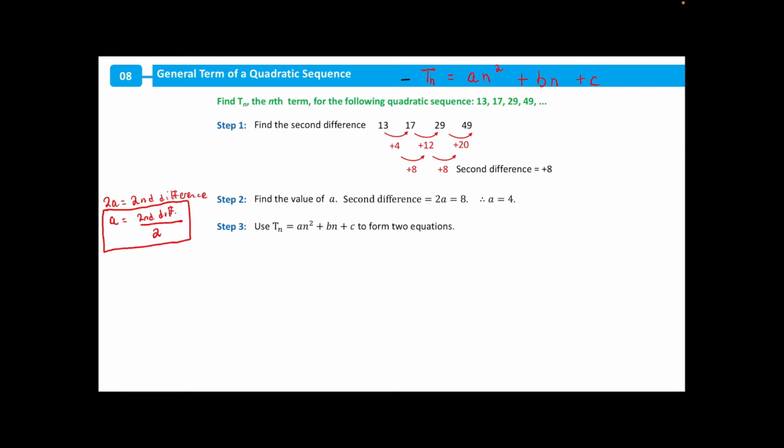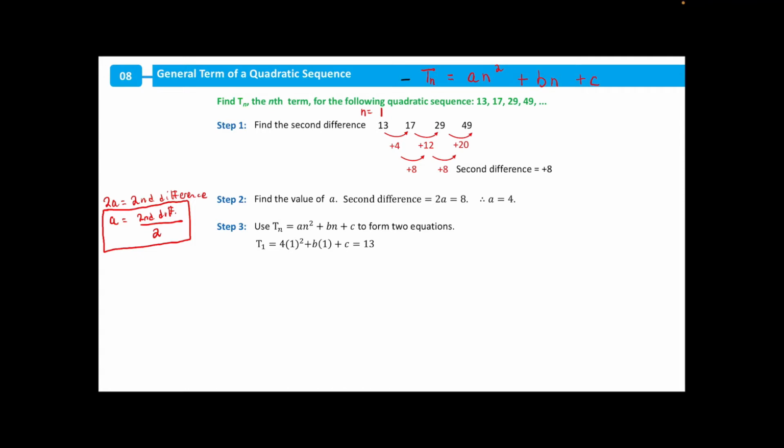Step 3. We use our general term Tn equals an squared plus bn plus c to form two equations. To form our first equation, we will substitute in our value of 13 when n is equal to 1.